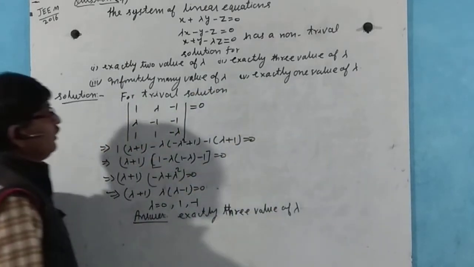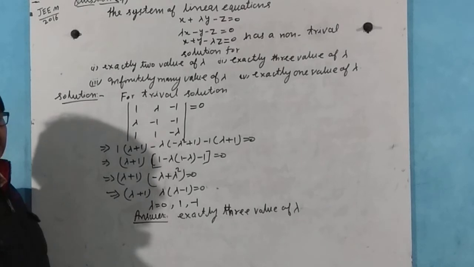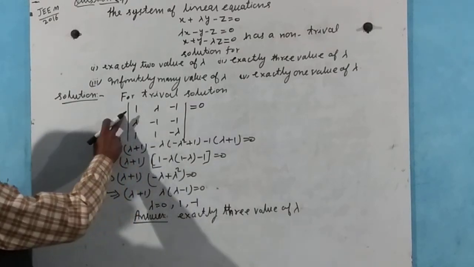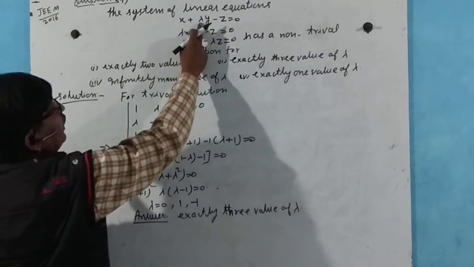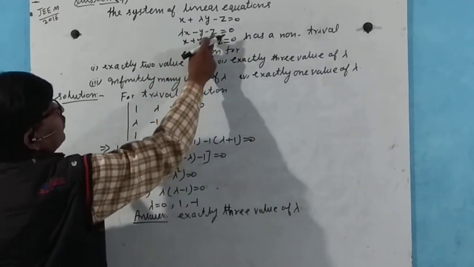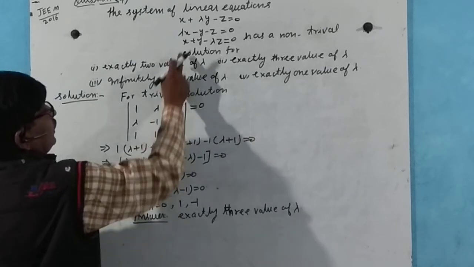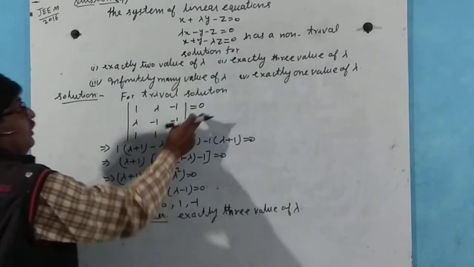For non-trivial solutions, the determinant of the coefficient matrix, with rows 1, lambda, minus 1; lambda, minus 1, minus 1; 1, 1, minus lambda, must be equal to 0.